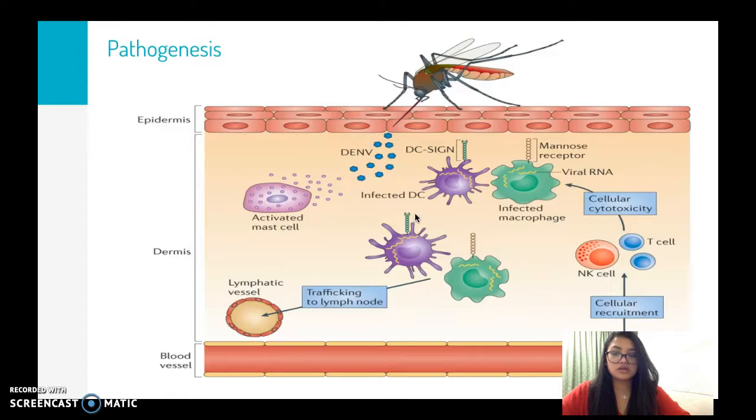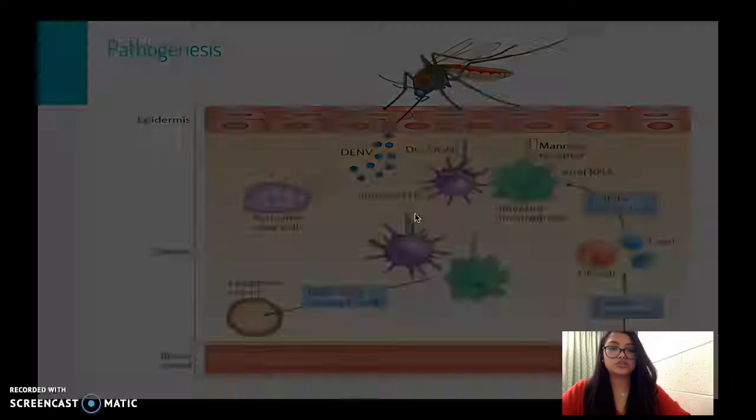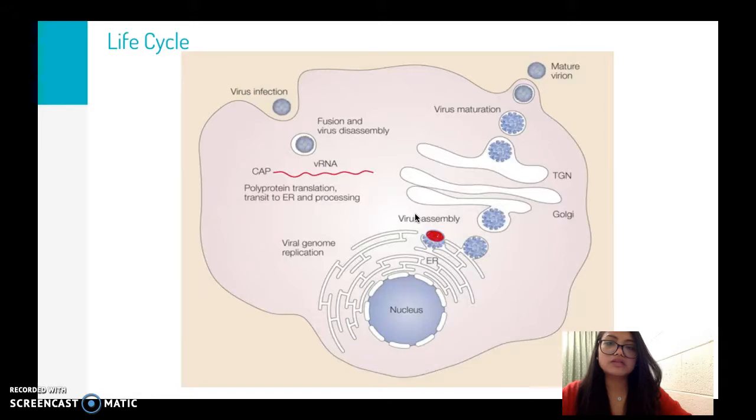This causes viremia and plasma leakage, and eventually a much more severe form of the dengue fever, which is the dengue hemorrhagic fever.